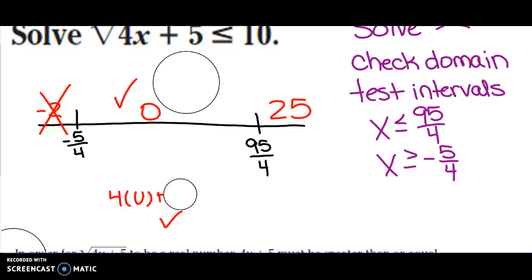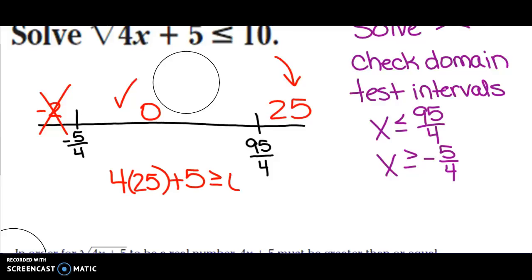Now we're going to test whether this region that has 25 is going to work, okay? Now we're not really testing 25. We're testing any number greater than 95 over 4. So we're going to do 4 times 25 plus 5. Is that greater than or equal to 0? Well, obviously it is. That's 105. So yes, that works.